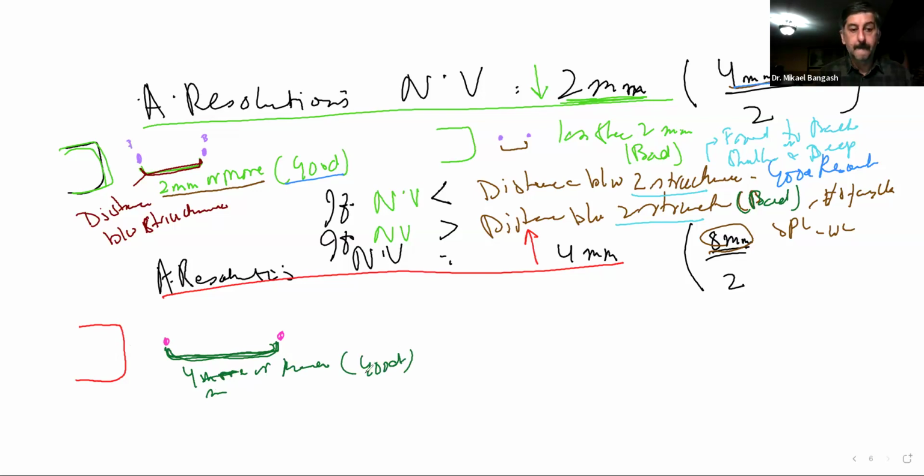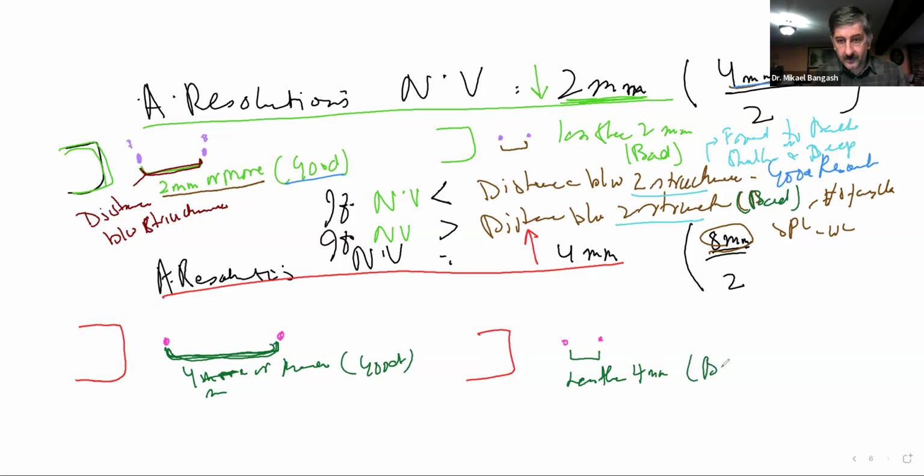Clear? Okay. Whereas, if this very same transducer scanned two structures and the distance between them was less than 4 millimeters, that will still lead to a bad axial resolution.